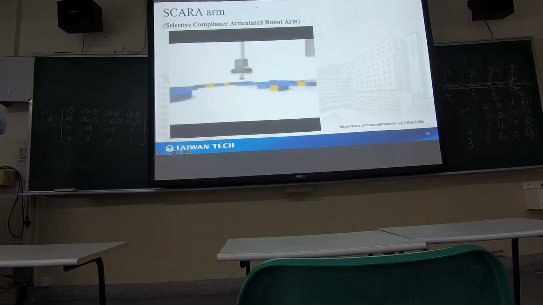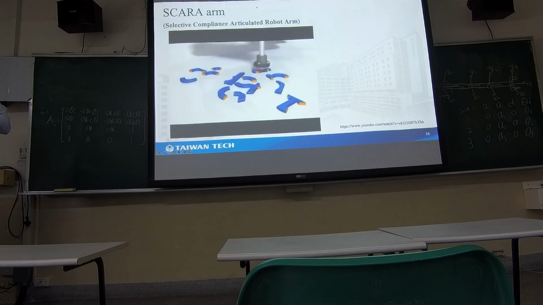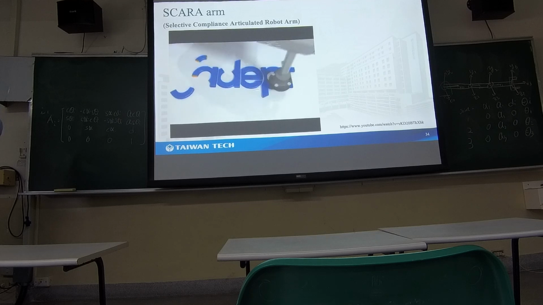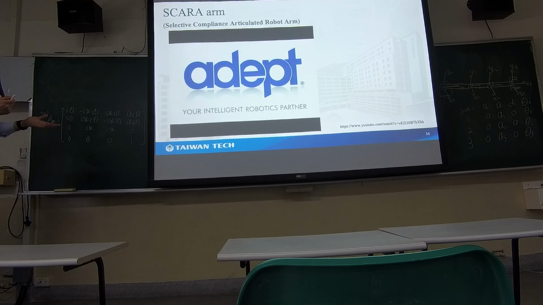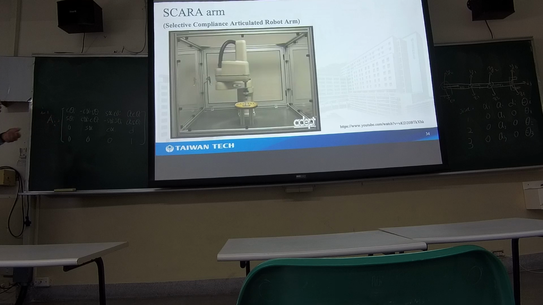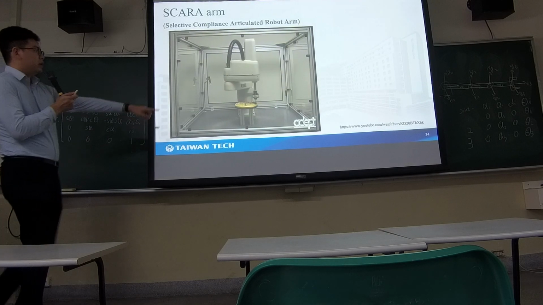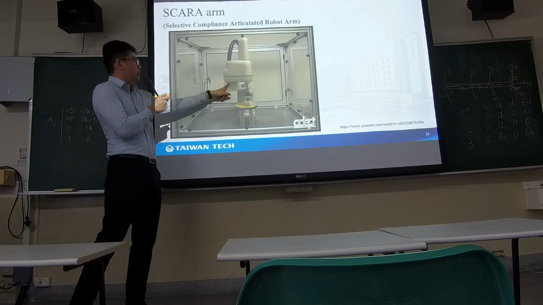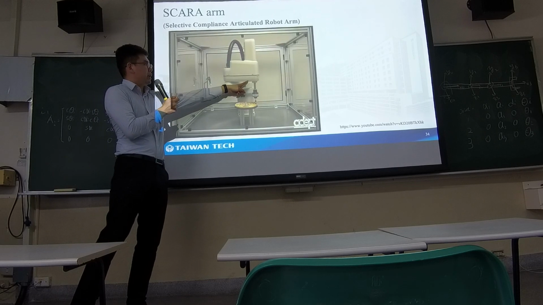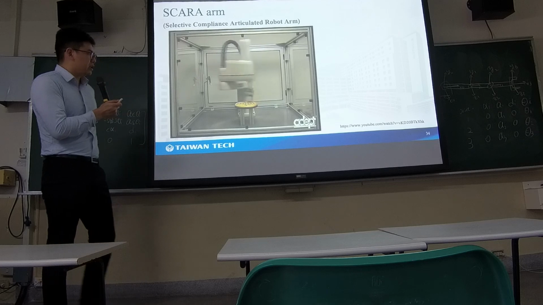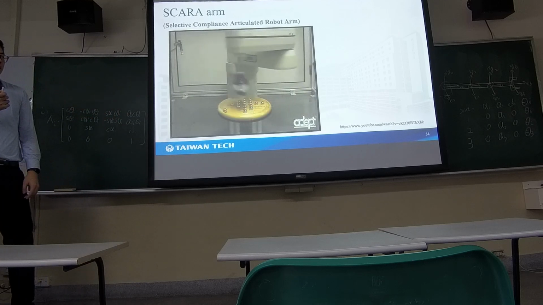And this is the Star robot. You can see how it does the manipulations. Basically, it has 2 rotations, and this one is the third rotation, and also a translation. So this is a 4 degree of freedom robot.